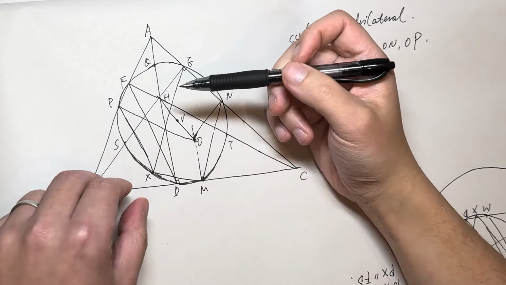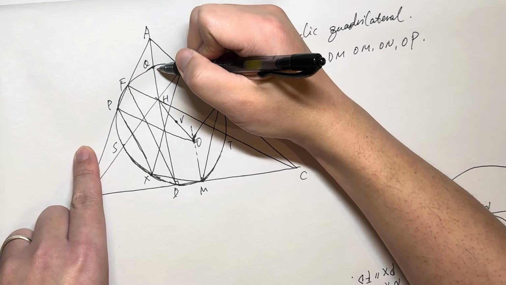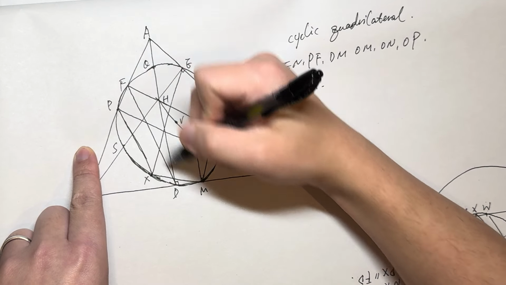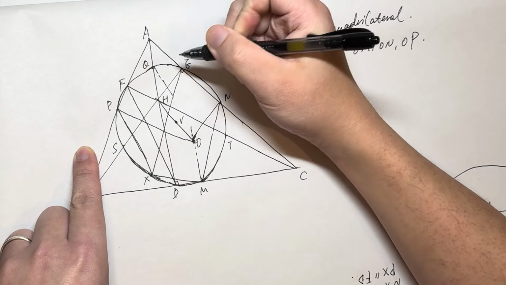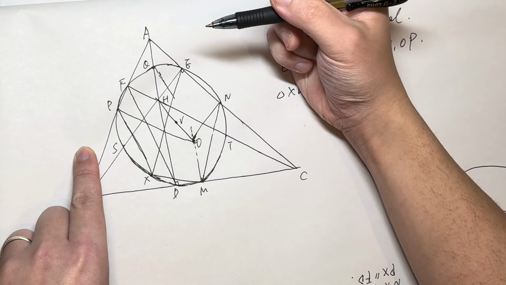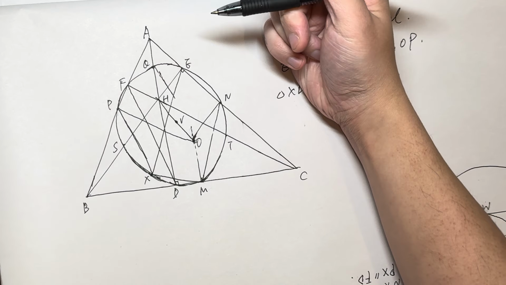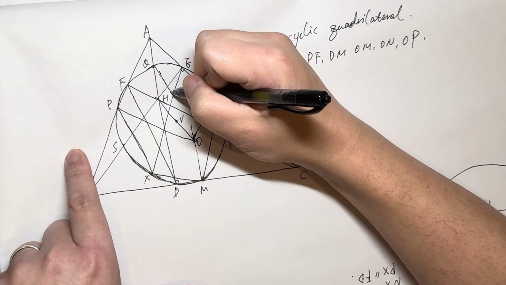See, we have this one in parallel with this one. What if we draw another parallel line of this one to here? Not sure if it's correct. Yeah, let's try.